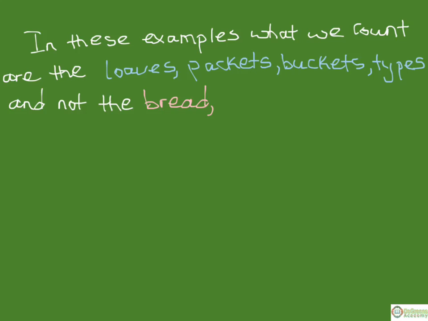We count the loaves and not the bread. We count the packets of rice and not the rice. We count the buckets of milk and not the milk. And we can only count the types of freedom and not the freedom.